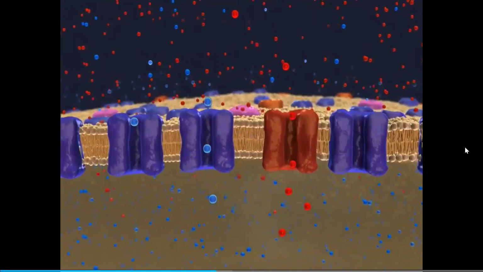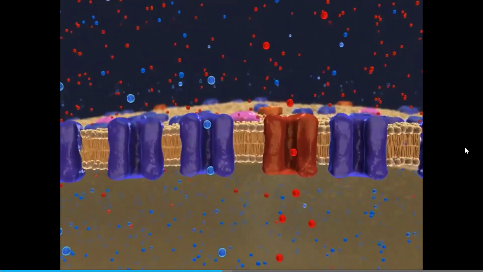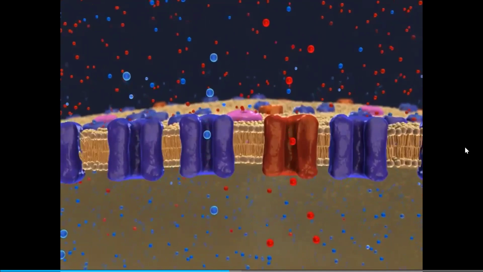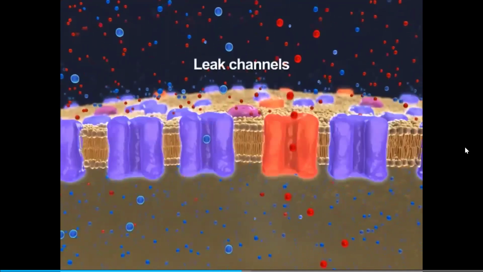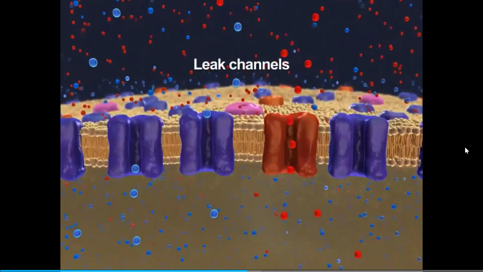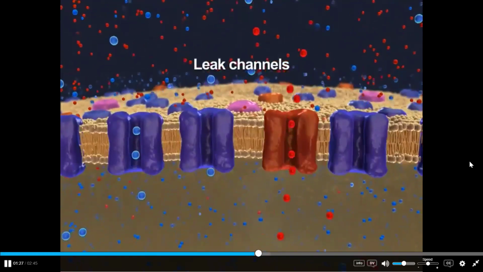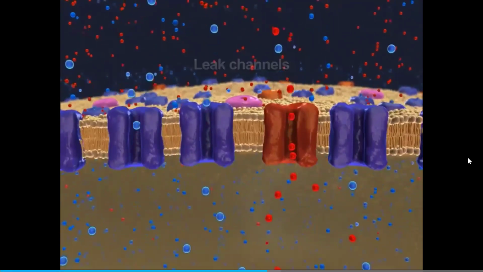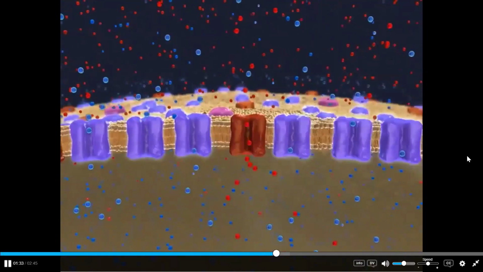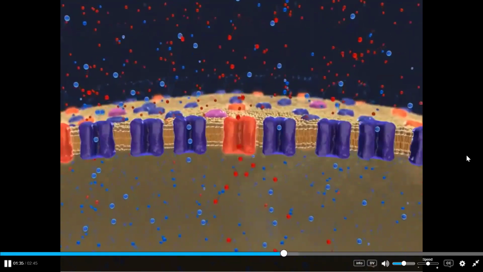Second, the resting membrane potential depends on the differential permeability of the plasma membrane to sodium and potassium ions. Leak channels in the plasma membrane allow sodium and potassium ions to diffuse or leak down their concentration gradients. The membrane contains many more potassium leak channels than sodium leak channels.